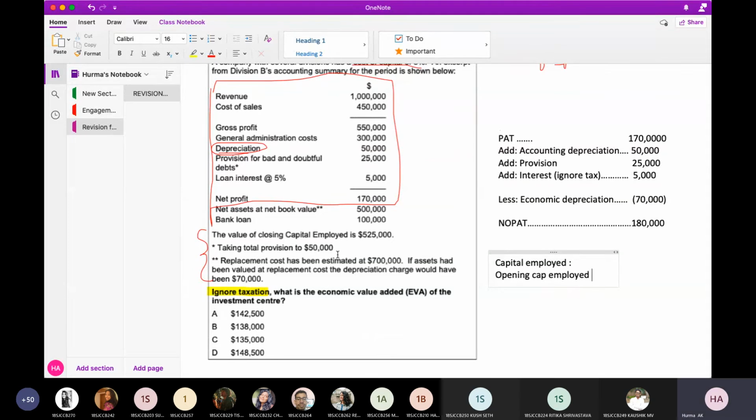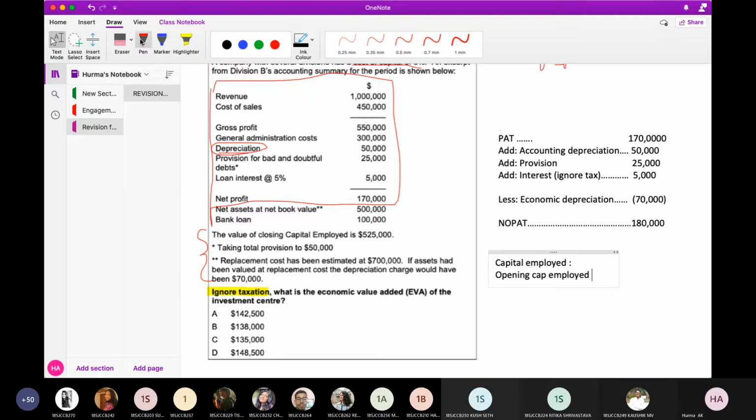But from these three values, like 500,000, 525,000, and 700,000, just put 2 stars on the 500,000 net assets at net book value. There are 2 stars put here, and that is for this, right?